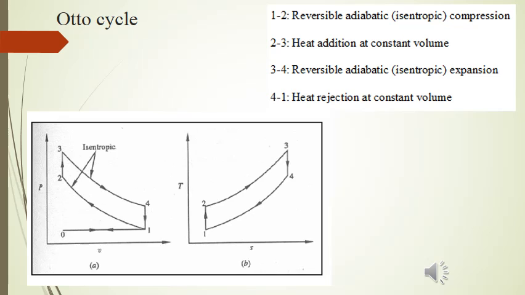So these processes can be modeled as a control mass system, that is a closed system, so that the non-flow work can be calculated as integration of PdV, because that makes our analysis simpler.